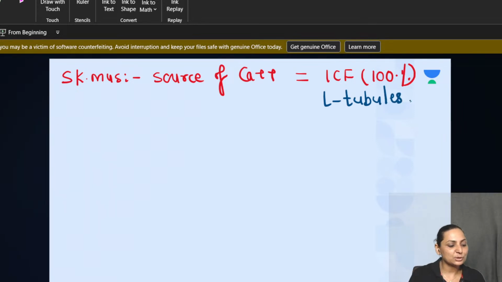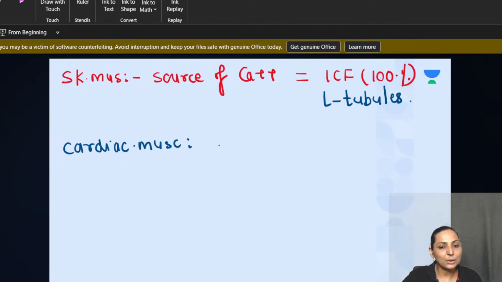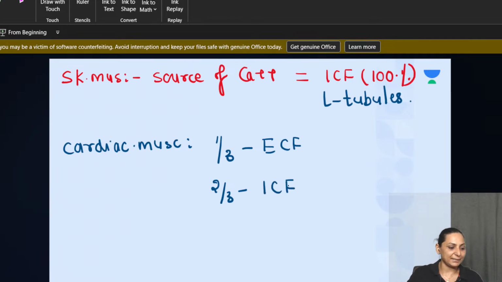The entire calcium which is required for muscle contraction is coming from these L tubules. If you compare this to your cardiac muscles, what happens? 1/3 of the calcium is coming from the ECF and 2/3 of the calcium is coming from the ICF.